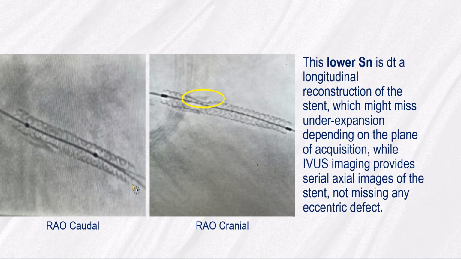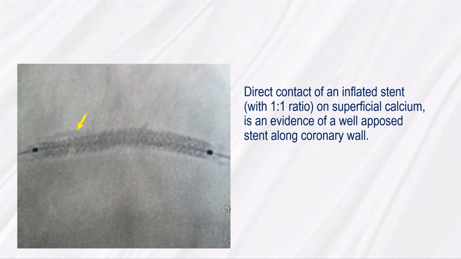This low sensitivity is due to longitudinal reconstruction of the stent, which might miss under expansion, while IVUS imaging provides serial axial images. If there is direct contact of an inflated stent with 1:1 ratio on superficial calcium, this is evidence of a well-apposed stent along the coronary wall.